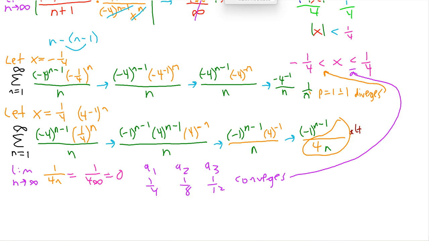So on your number line, you can see it's going from -1/4 to 1/4. So the center again is 0. So this time you can see the radius of convergence would be 1/4.